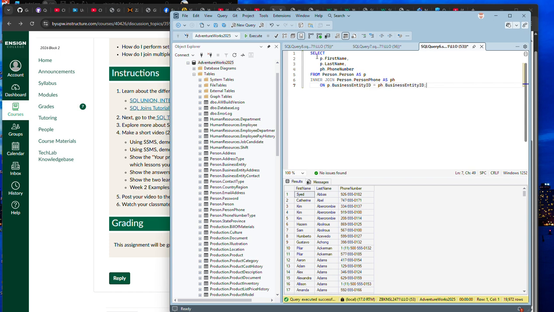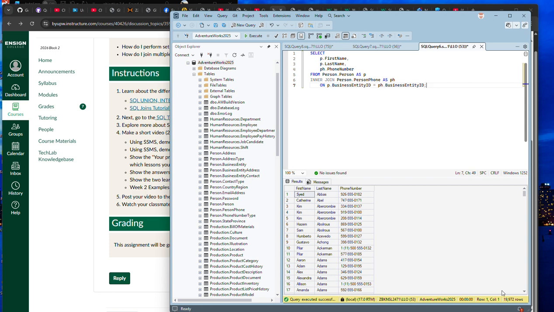When I compose this query and run it, this is what I'm able to get. What's in the intersection between my first table, the Person.Person table, and the Person.PersonPhone table?